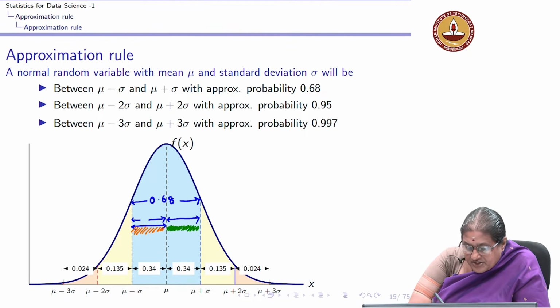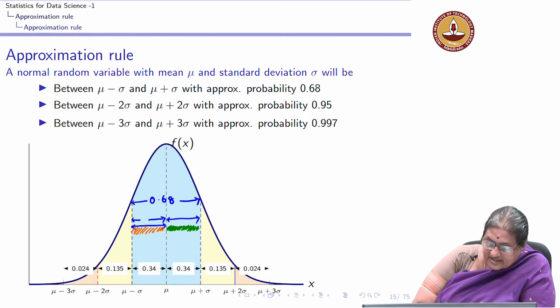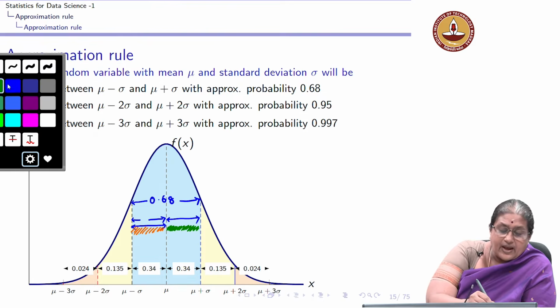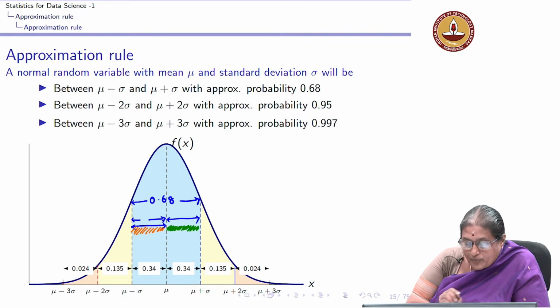Imagine I am shading this entire region green and this entire region orange. I am going to have the same proportion, and since it is symmetric, each one of them is going to be 0.34.